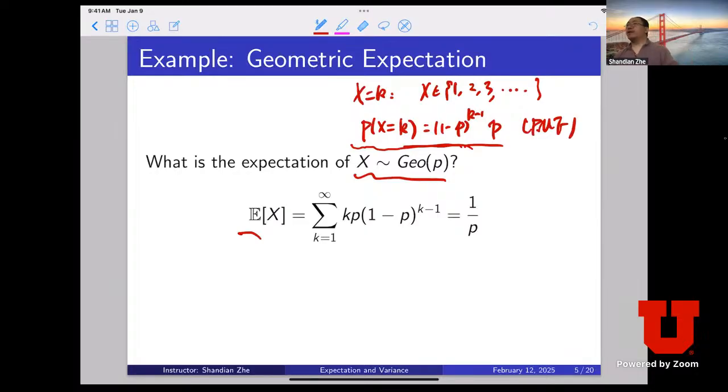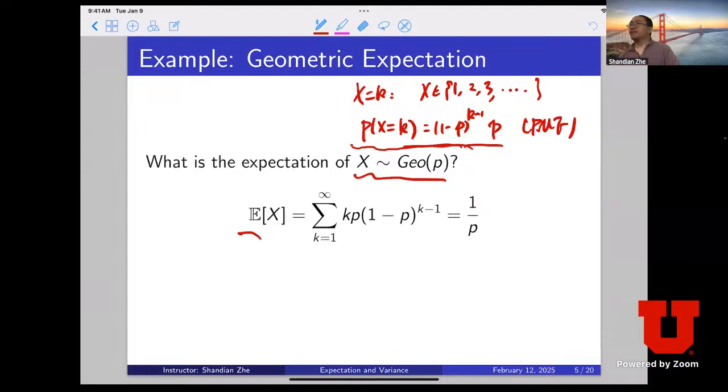Now we follow the definition. The expectation is the weighted average of all the values X can take, and the weight is the probability that X takes that value. How many values could X take?